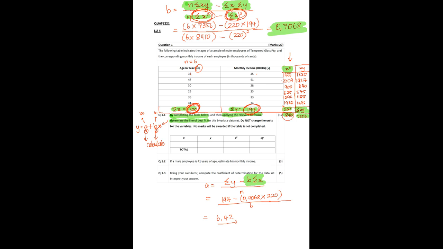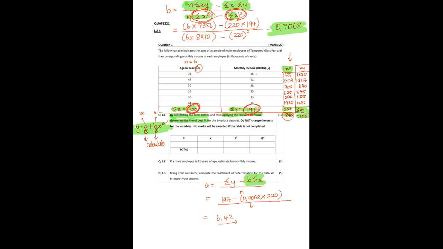So you can leave the B as 4 decimal places so that you can get a more accurate answer for A. And do not forget that once you are done with this calculation, you need to make sure that you put the values back into the regression formula that we wrote on the side here. So basically in the formula, you were asked to calculate A and B. Now you need to substitute the values for A and B back into the formula.